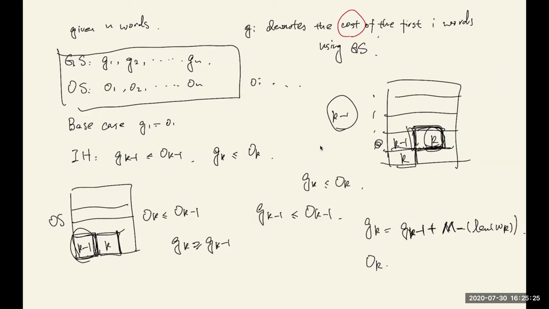Yes, my notation is not that mathematical; it's basically using computer science language. I'm not a math major student, but for proving the optimality of a greedy strategy, you need to include several things.